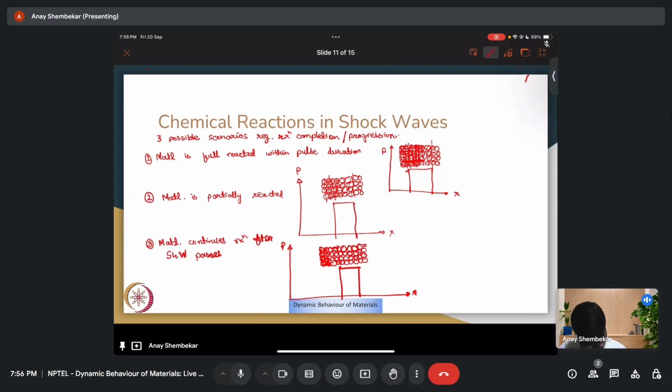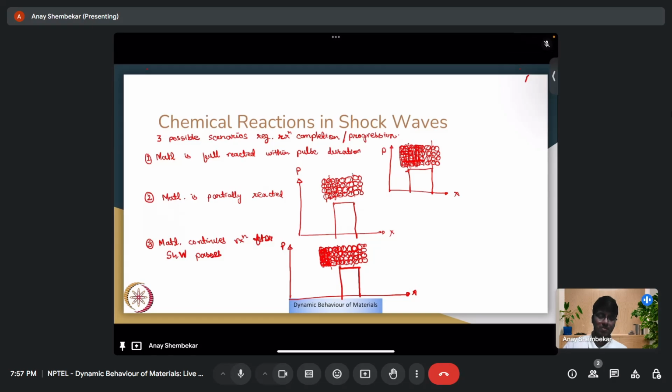This is the portion of material that is fully reacted. And then passing of shock pulse only partially reacts the material. Right. So this typically would happen if there is an exothermic reaction associated, which means that as the pressure increases, reaction starts with release of energy from the exothermic components. The reaction just keeps on continuing.